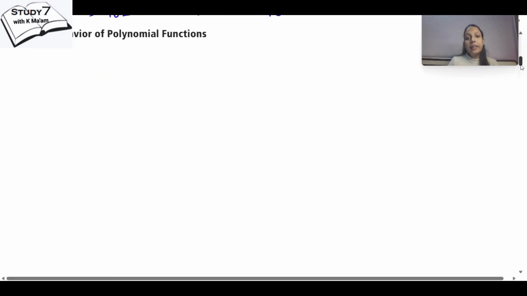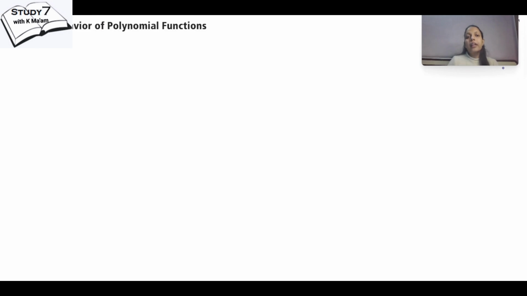Let's do the next. Next is end behavior of the function. End behavior means we are checking where the function is going if I substitute a very large value of x, or a very small value of x, a very negative or a very large positive. End behavior depends upon two cases.